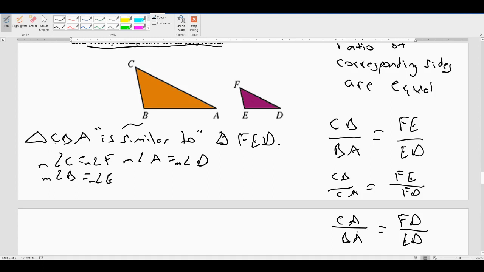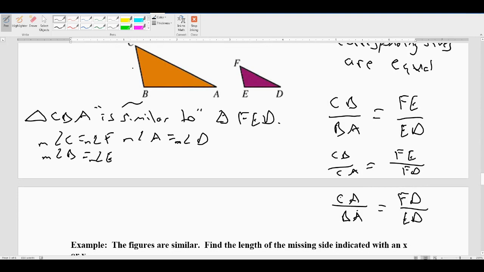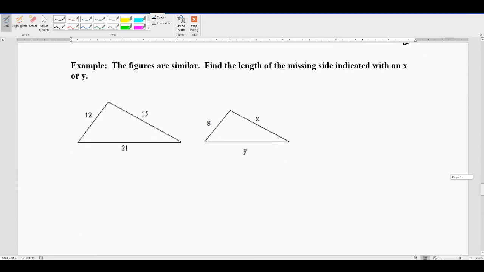Or I could have gone CB, CA, FE, FD, which is this one. Yeah, probably easy to look at the picture. Probably confusing you right now. But just notice, the first one I did 1 and 2 and compared it with 3 and 4. Maybe that makes it a little bit easier. I don't know. Let's do some examples before I get you too confused.